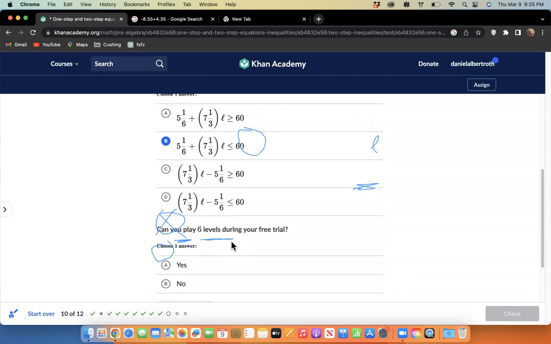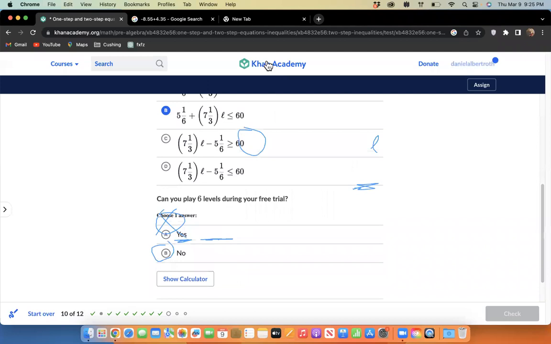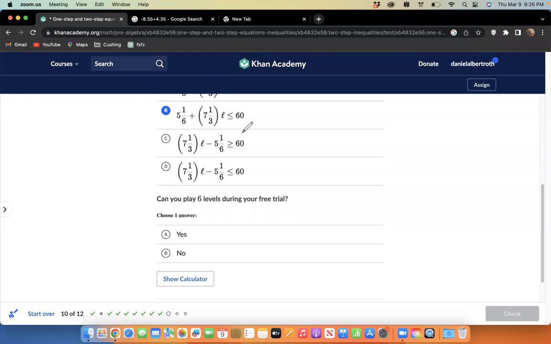Oh, and we need to solve. Can you play 6 levels? So what we're checking for is, does 6 work as a solution? Does that keep us under an hour? I'm going to clear the drawings. Assuming B works, we're going to plug in 6 for L and see if that works. So 7 1/3 times 6.